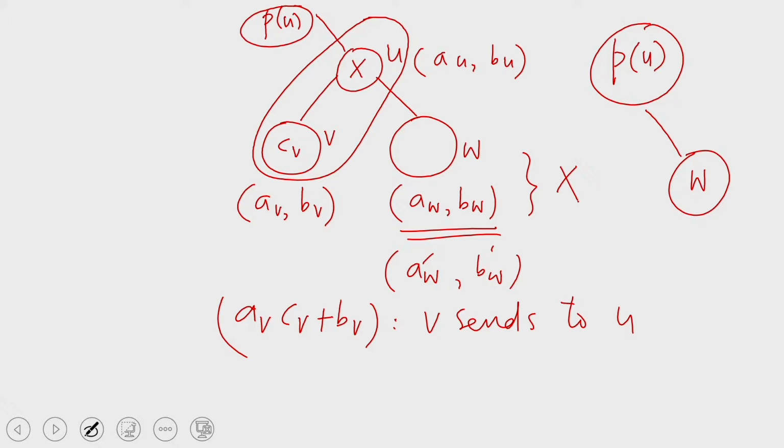So U gets two values, it gets AV CV plus BV from V and AW X plus BW from W, and U contains a multiplication operator. So U will multiply these two values.